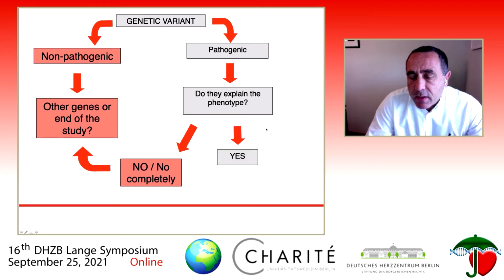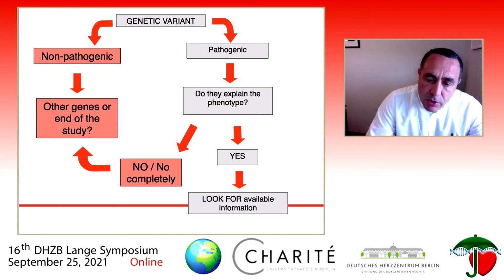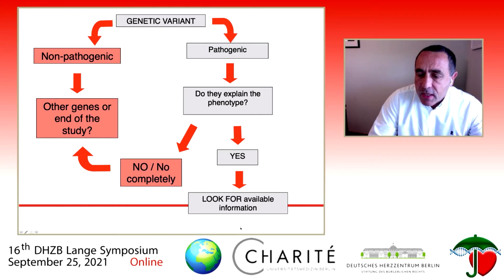But if the variant explains, or supposedly explains, the phenotype of the patient and the family, we have not finished. Now we need to look for the available information on the variant. And here I will concentrate my talk. The clinical value of genetic testing is completely dependent on this last step.